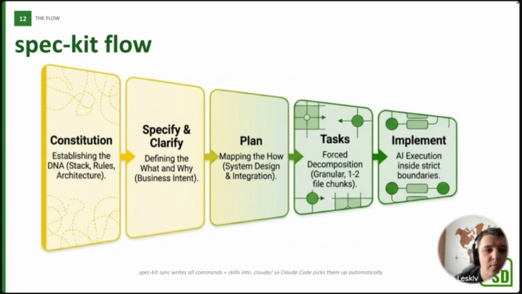So the flow for this, as I mentioned, has 5 steps. You set the constitution, establishing the DNA and stack rules of the project. Then you specify your feature and clarify it. Then Spec Kit creates your plan on how it should be implemented, divided into tasks, and then you implement.